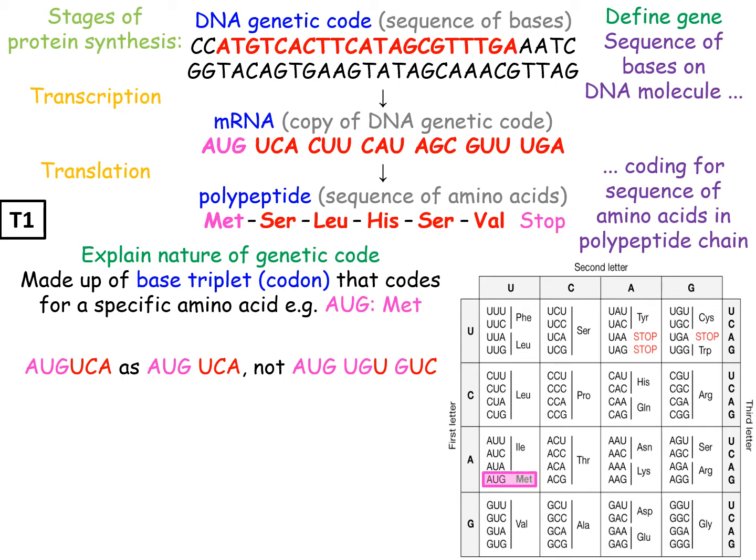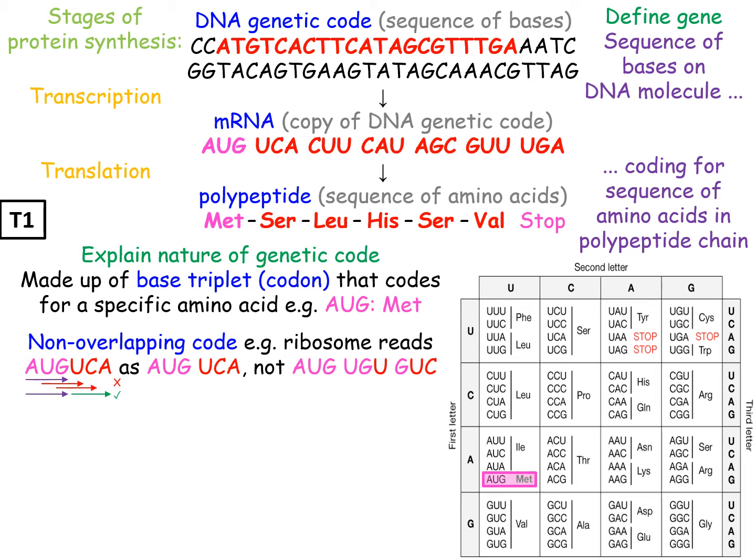You wouldn't read AUG, then skip the first nitrogenous base, so the next one would be UGU and then GUC. That's wrong. It's first AUG, then UCA. So in other words, the genetic code is non-overlapping, and that's how the ribosomes read them.